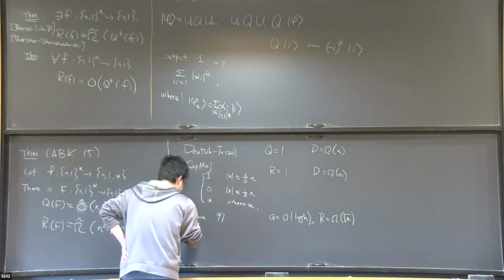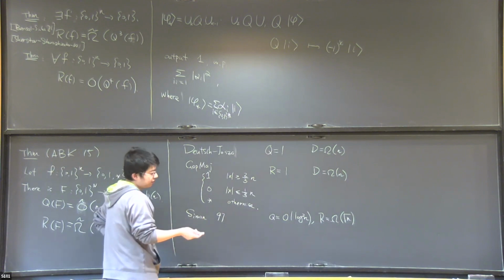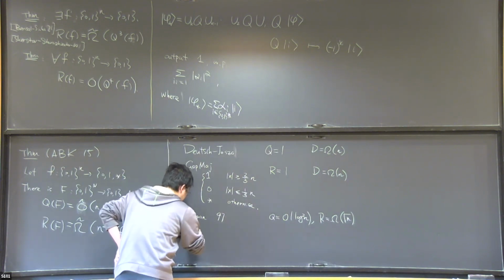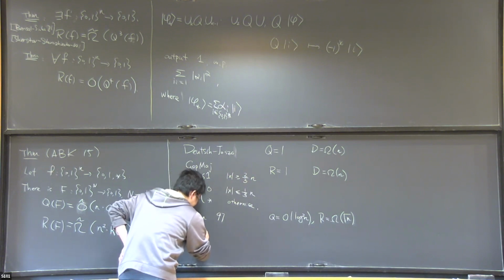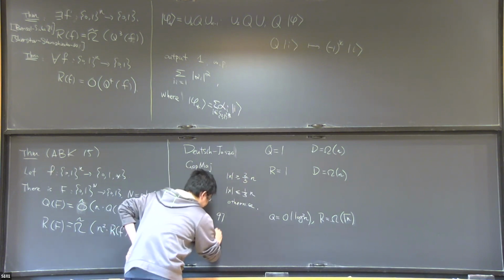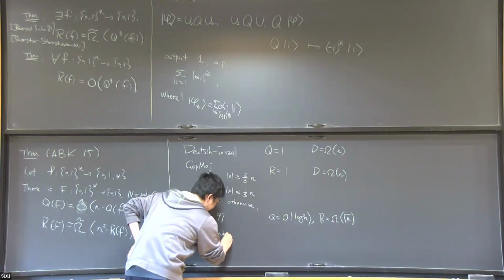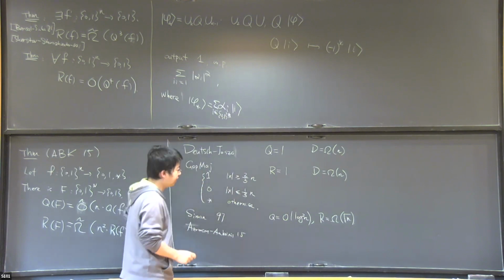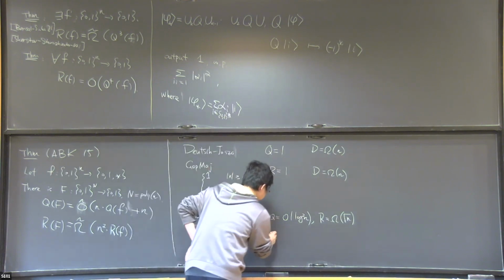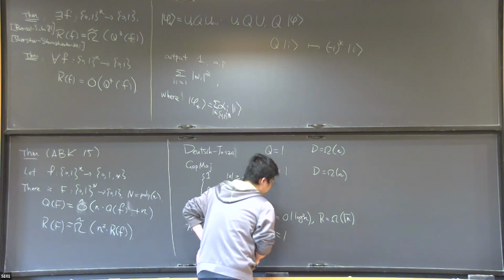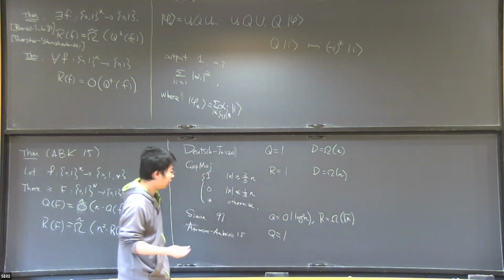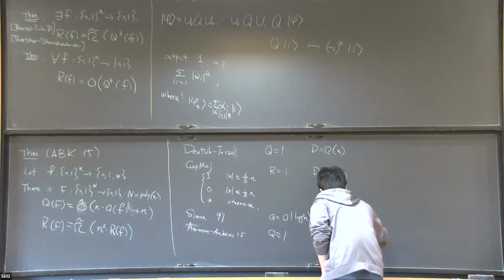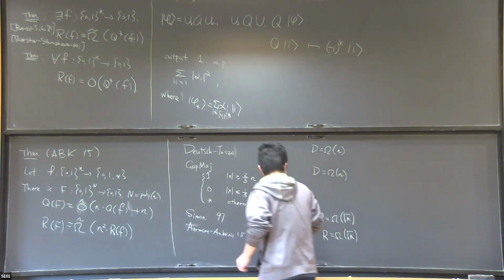And I also want to mention some subsequent works. First, the work of Aaronson and Ambainis. They improved on this separation, showing that there is a problem whose quantum query complexity is 1, and randomized query complexity is order of square root of n.